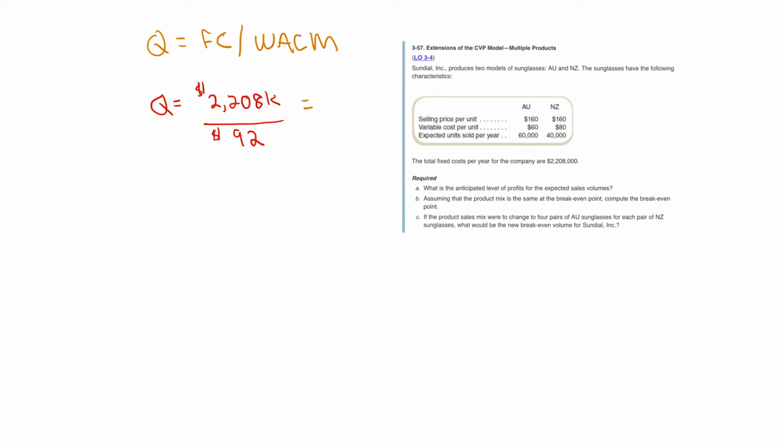Regarding part C, remember that currently 6 out of 10 are AU and 4 out of 10 are NZ. Now what happens if the mix goes so that 4 out of 5 are AU and 1 out of 5 is NZ?